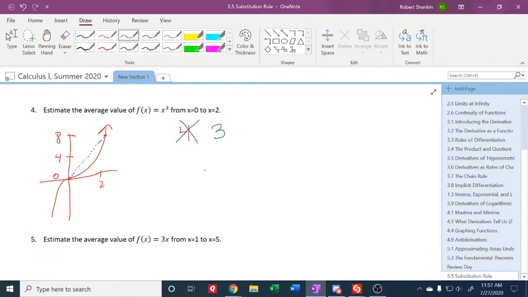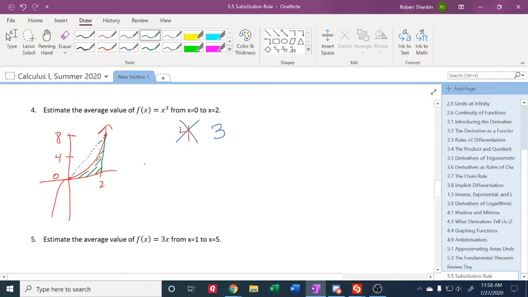All right, we can actually get this average value exactly, and it's a really easy idea. The average exactly is, remember, let's get this area. Let me change to green. I can get this area under the curve.